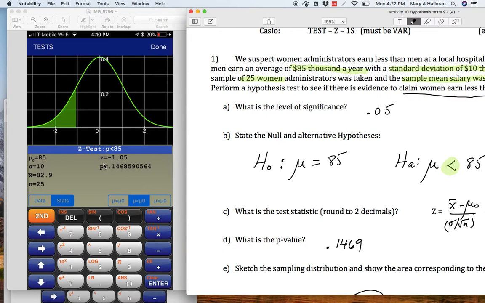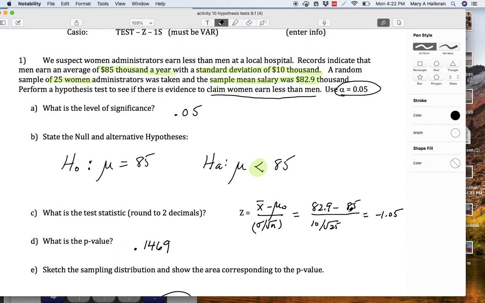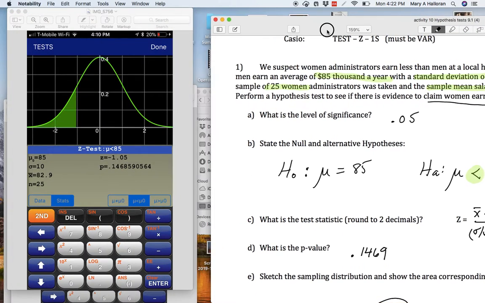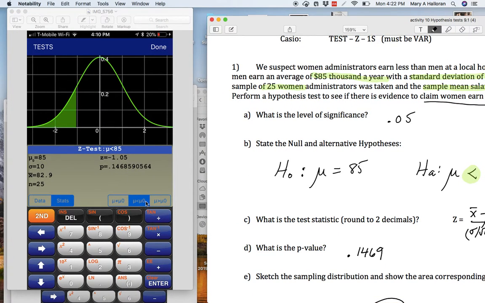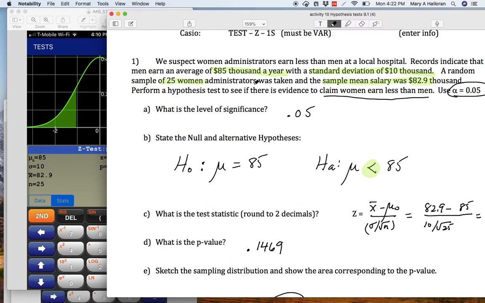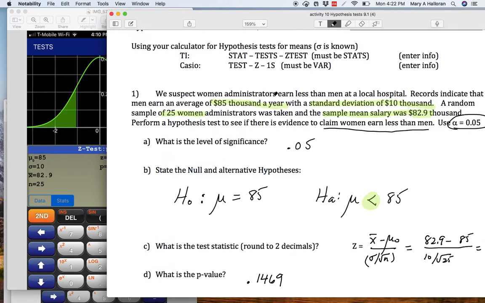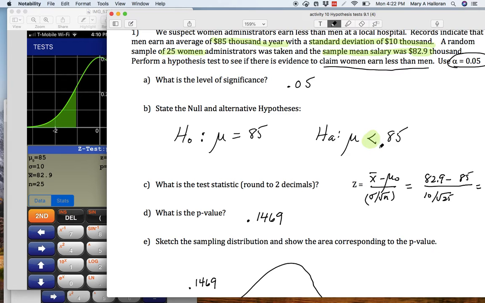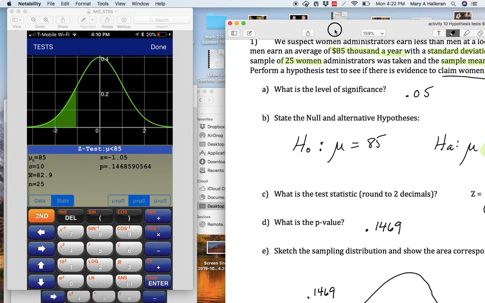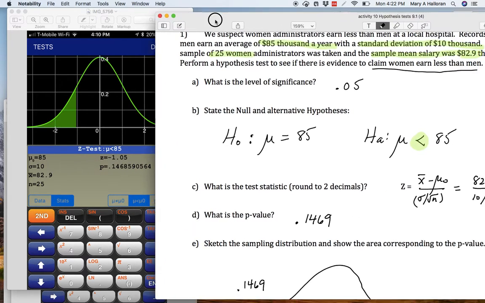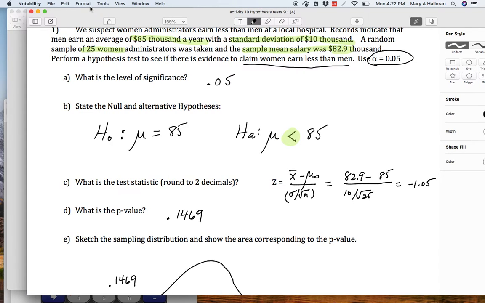There's your test statistic, minus 1.05. That was from using this formula. That p-value of 0.1469. Notice we had to select this less than because of this less than. So that's this example.